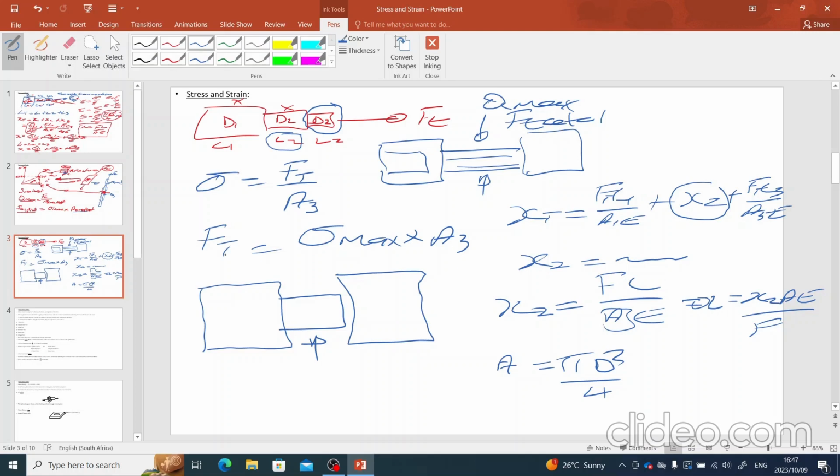Whenever you are given questions where they want you to calculate either length or diameter, you will always calculate them from the change. That's what you need to remember. Okay? Please don't forget that, good people. Can you see that our stress and strain is easy, it's just a revision from N4.